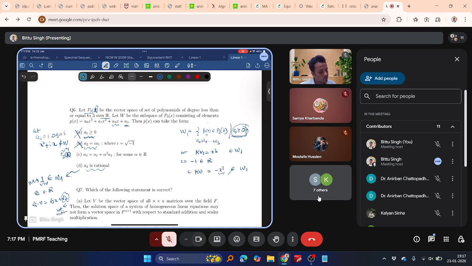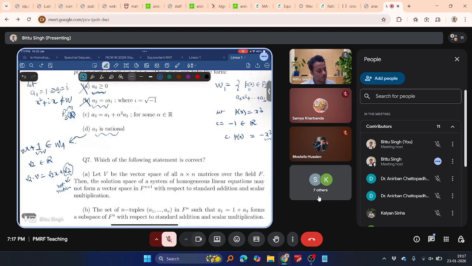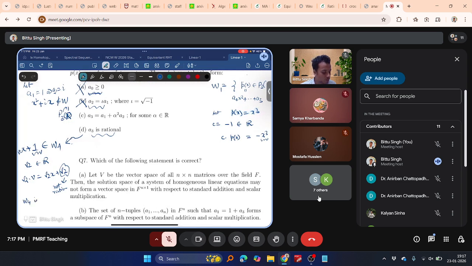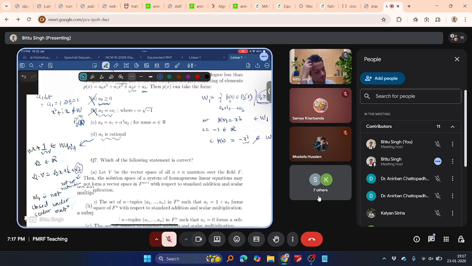So here, if we take the condition D, then the corresponding set W4 is not closed under scalar multiplication, right?